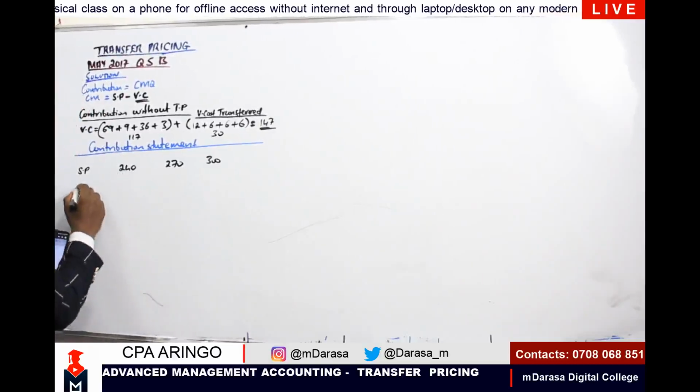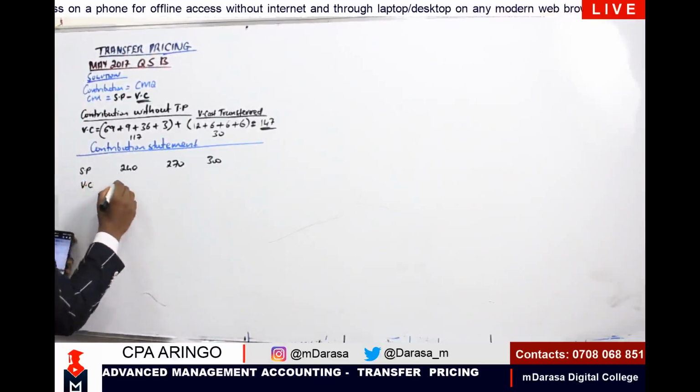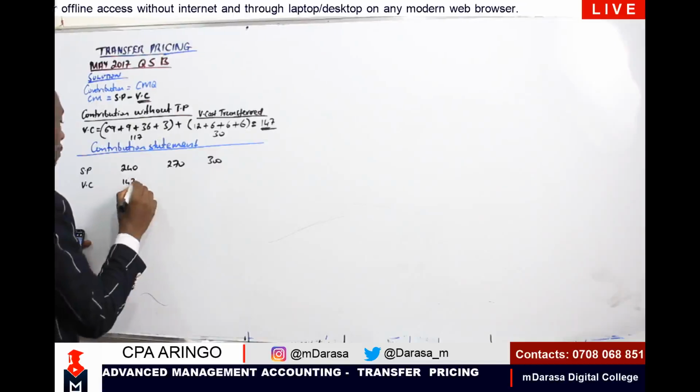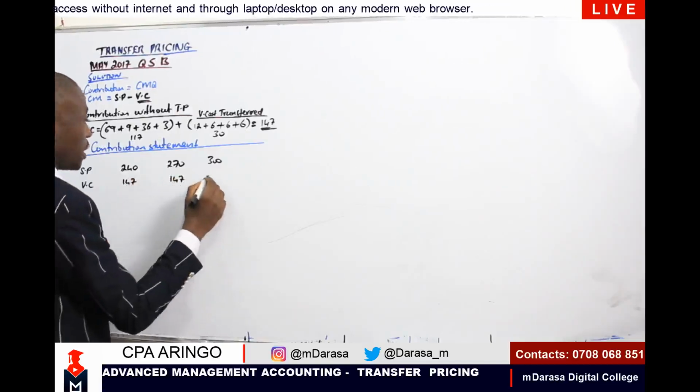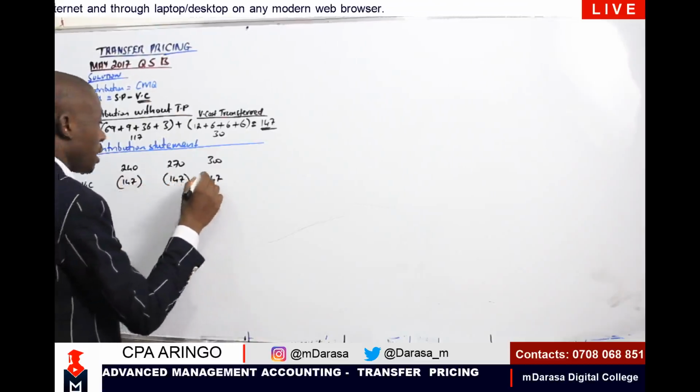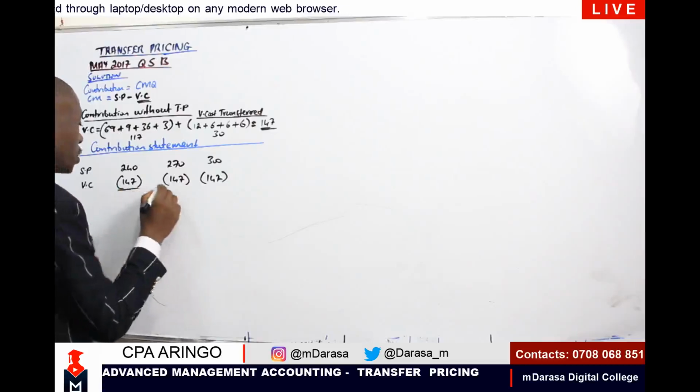Variable cost. We've seen our variable cost here to be 147, 147 and 147. So what will be our contribution margin for each?